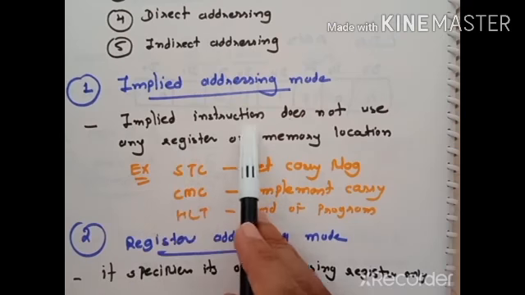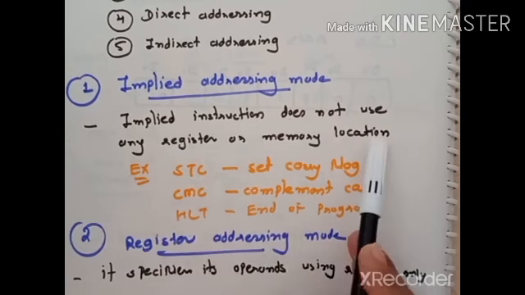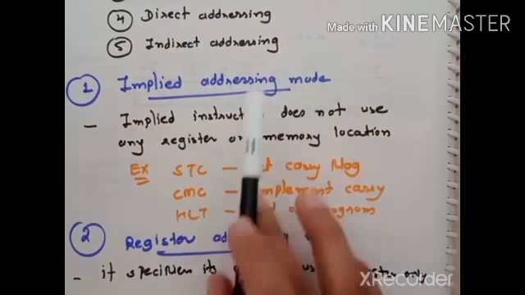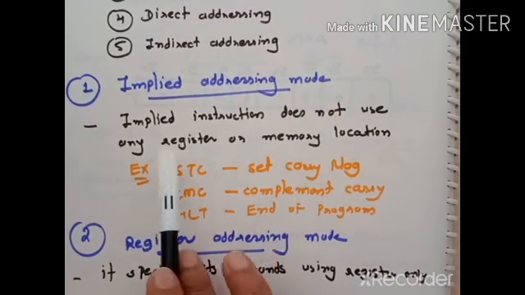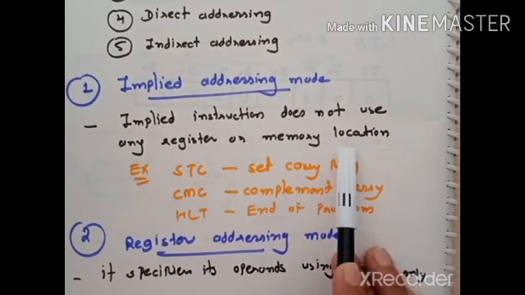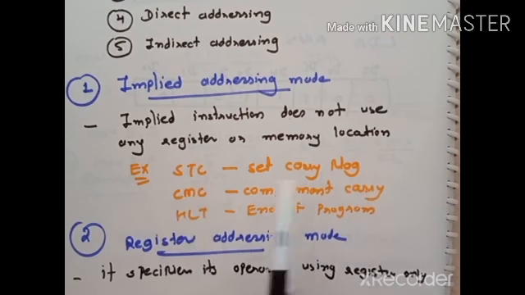In this, implied instructions do not use any register or memory location. Examples of such instructions are STC, that means set carry flag, CMC, that means complement carry flag, then HLT, that means end of program.